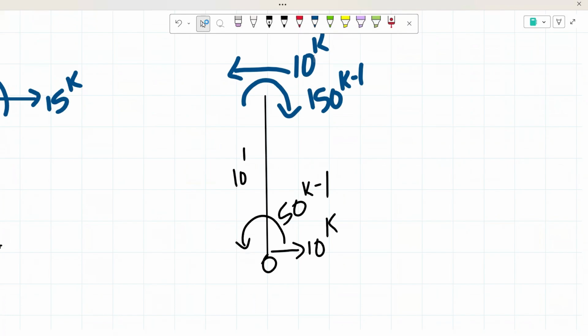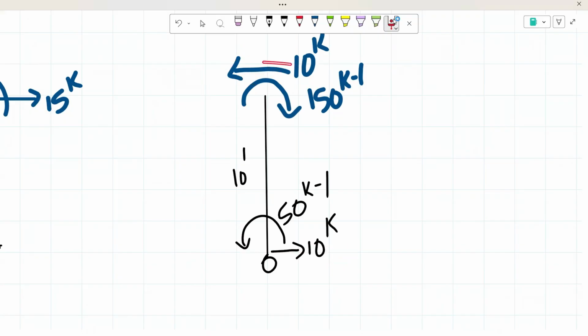So now that we have that, we have our 10 kips right here and right here that balance out. But remember, these two are going in opposite directions, meaning that we have a couple.